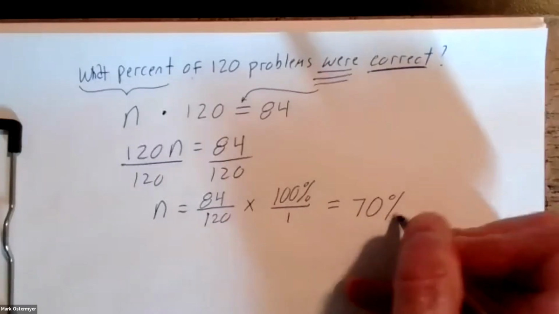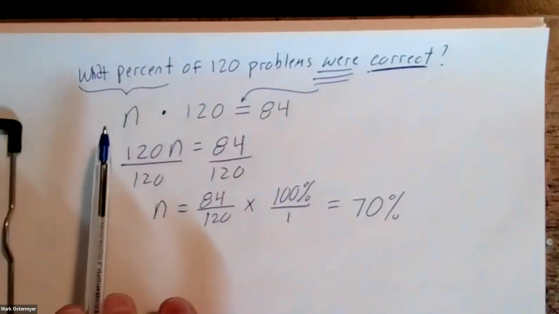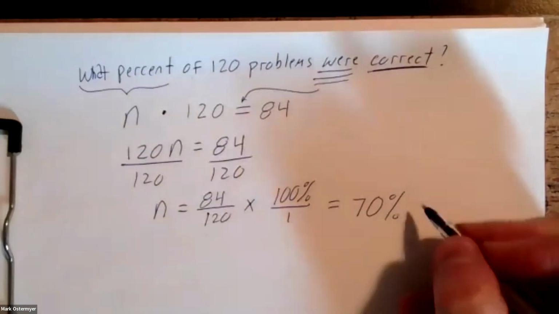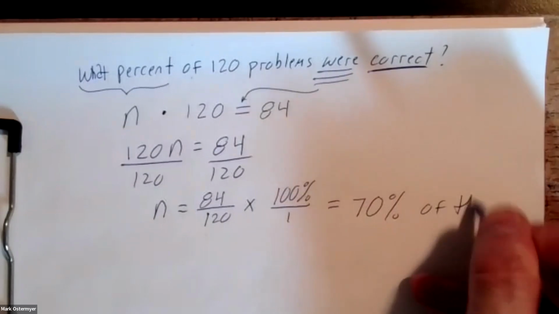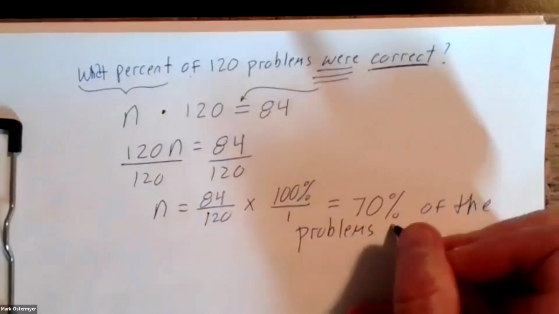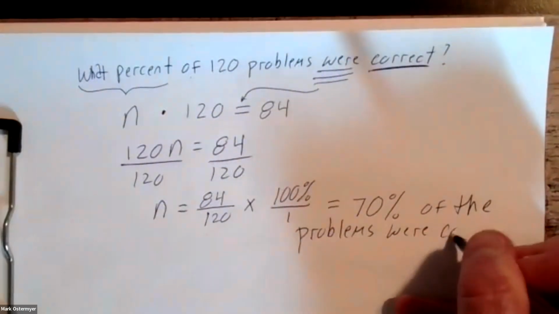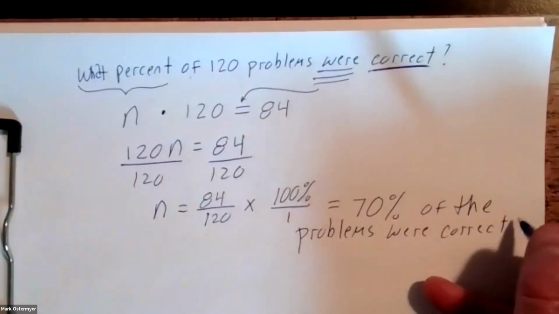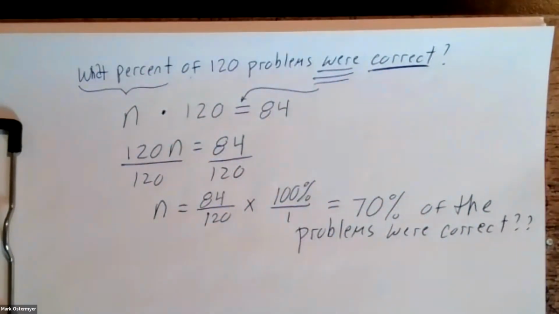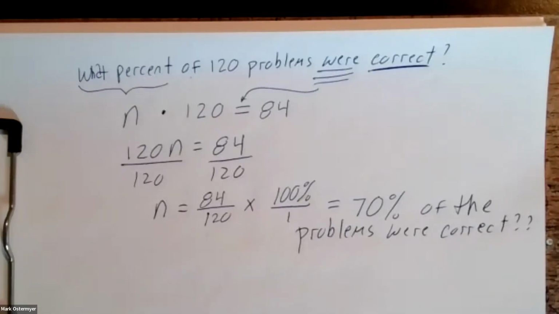Yes. And there you go, ladies and gentlemen. So the person answered 70% of the questions correctly, 70% of the problems were correct. That means they answered what percent incorrectly? 30%. 100% minus 70% is 30%.